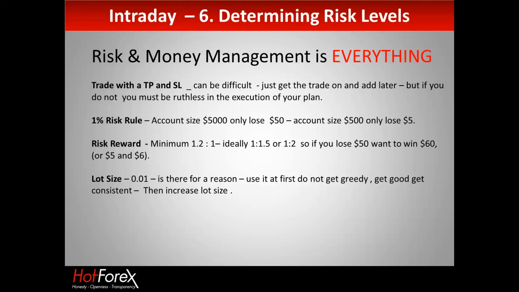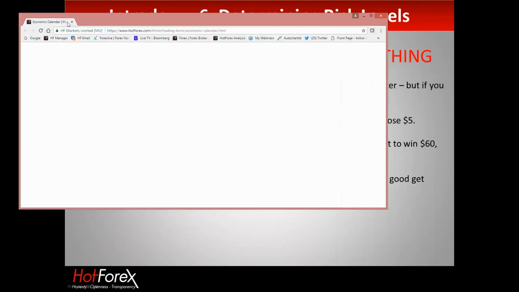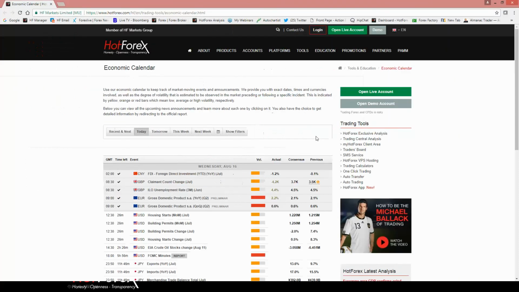Okay, so look at the economic calendar, Beatrice, is my answer to that, really, and set your trading day around that. So what I'm saying about the economic calendar is this, that you see, it's on our site every day. This is the economic calendar, so be aware of it.